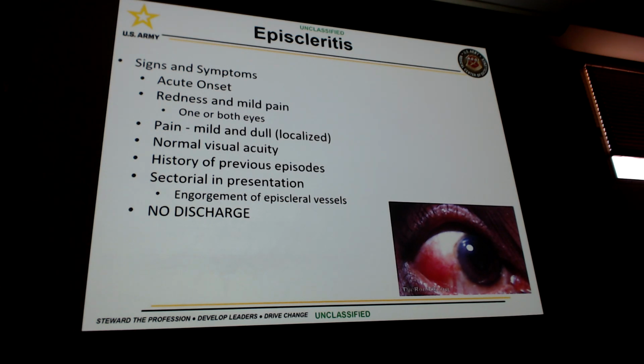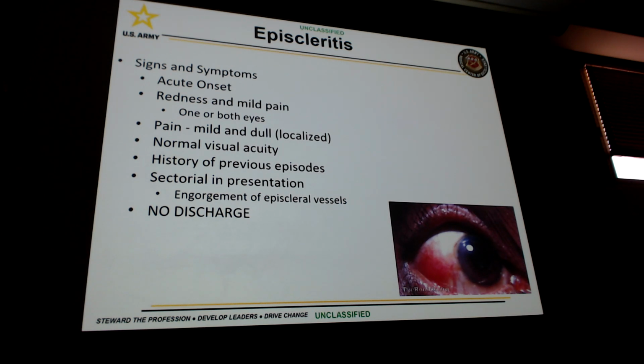A little bit of pain, but not no pain. So if they just have regular red eyes from dryness, they're probably not going to be in pain. So episcleritis will present with a little bit of pain, but everything else is going to be pretty normal. Visual acuity is going to be pretty normal. They're not going to have any discharge. Okay?